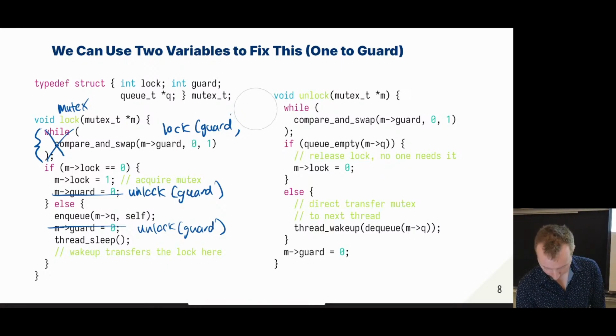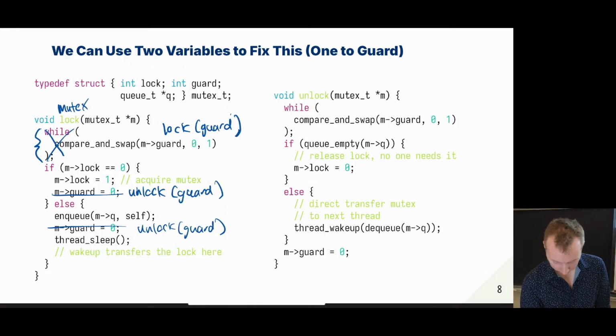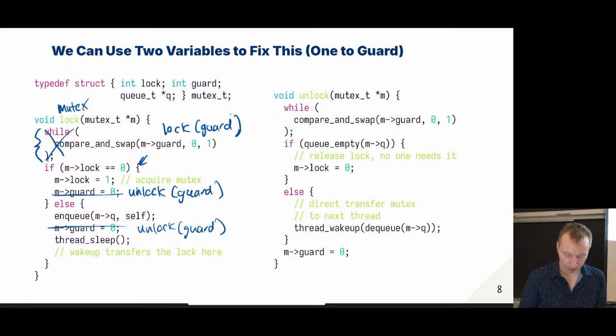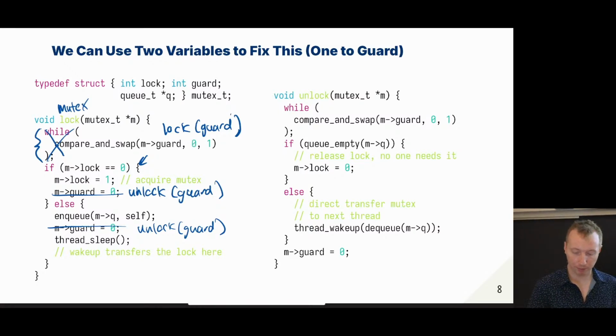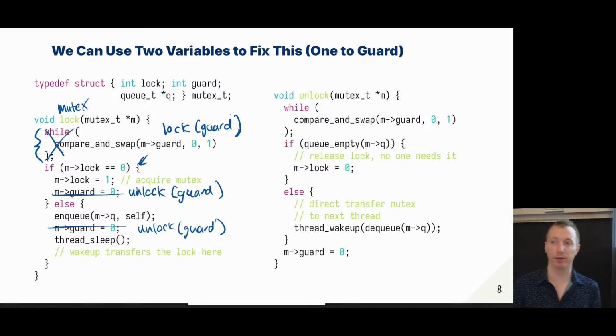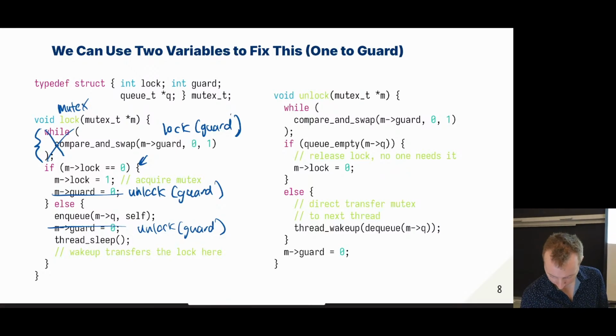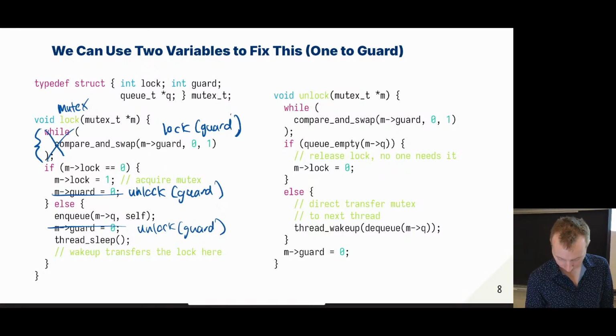So I lock the guard, and then I check if currently we have the lock or not. So I don't need compare and swap for that lock variable because, well, I have locked the spin lock, so I'm the only thread that actually can be executing this at a time, so we don't have to worry about concurrency within the lock function now.